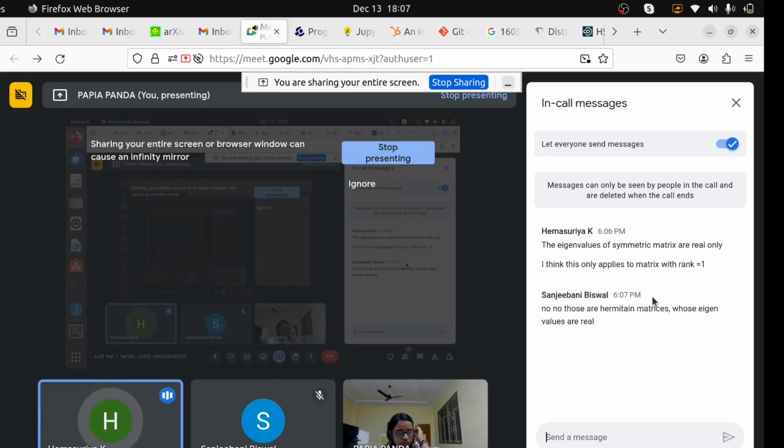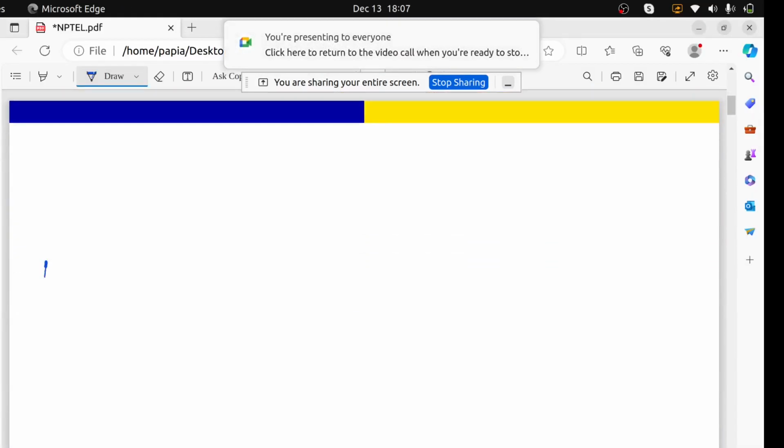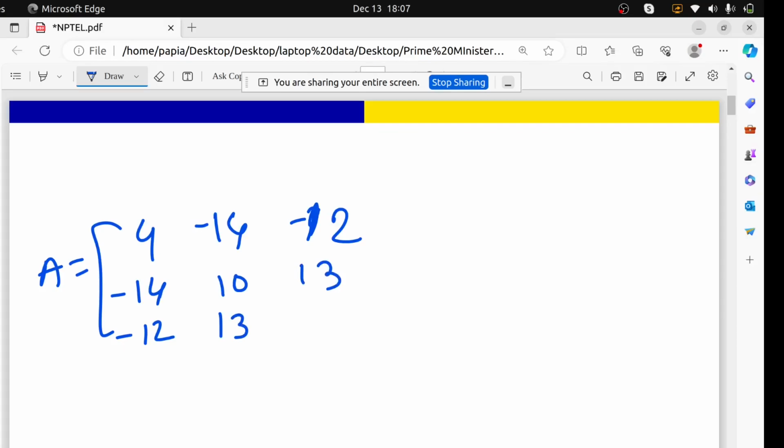Then I can give you one example of a symmetric matrix which does not follow this rule. For example, if you take any other symmetric matrix, I even solved one yesterday: 4, minus 14, minus 12, then minus 14, 10, 13, 1.